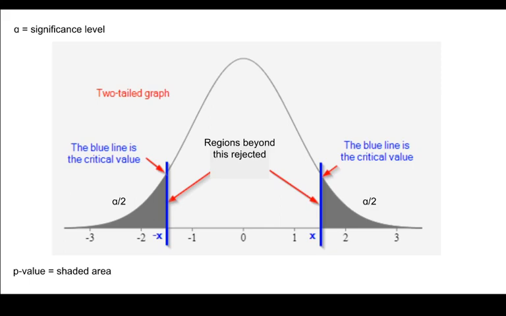So let's say we have this, then the critical value is approximately 1.5 and minus 1.5. That's the z critical value. You wouldn't want to get a value that's between minus 1.5 and 1.5. You want a value that's beyond it.